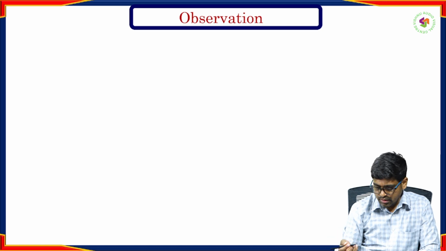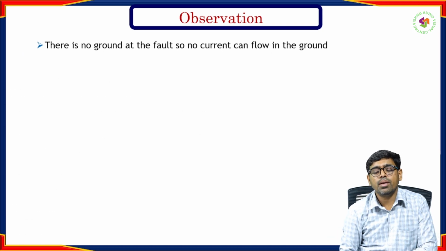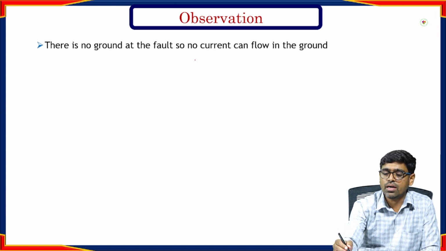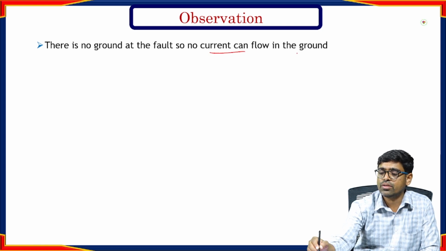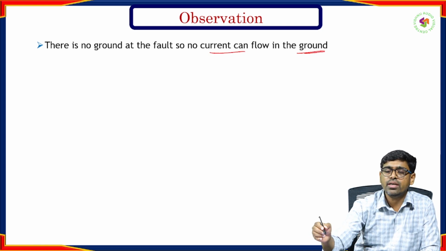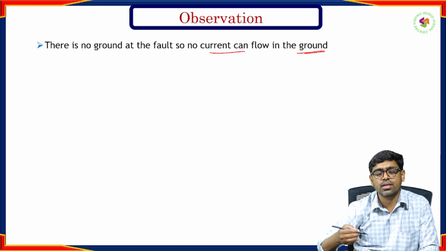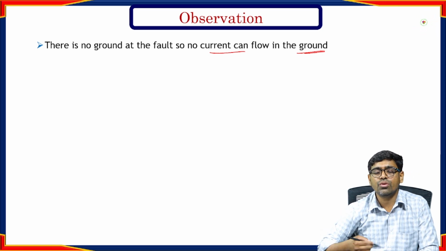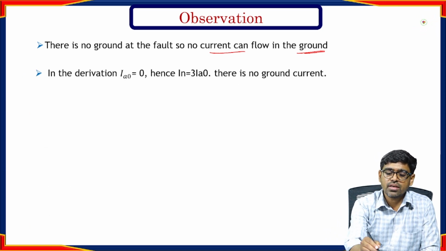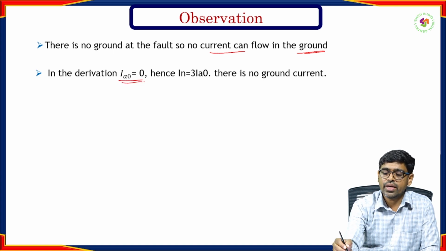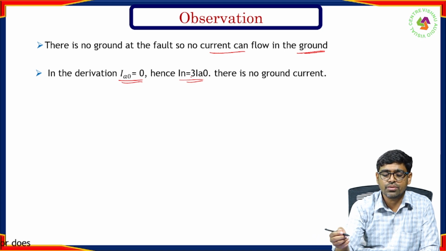So from this observation, we can see for this double L fault there is no ground at the fault, so no current can flow into the ground. Only the B phase and C phase get faulted, so there is no ground involvement. In this derivation, IA0 is 0, so 3 times IA0, the neutral current, is also 0.